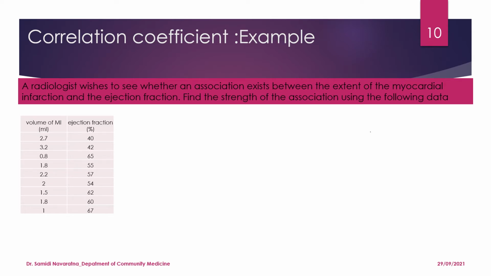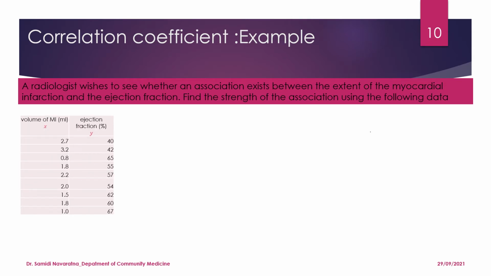We'll use the independent variable to the x-axis and the dependent variable to the y-axis. So in this case, the independent variable is the volume of the myocardial infarction, and the dependent variable is the ejection fraction.